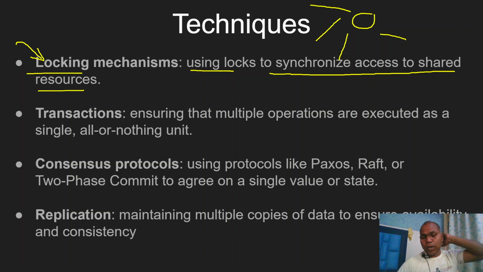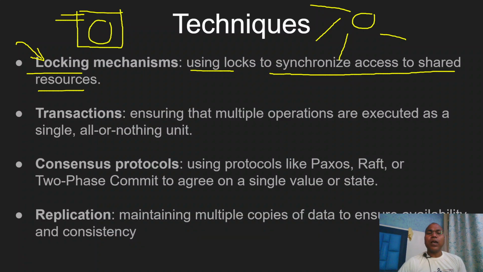If you talk about the database level, transaction level, locking mechanisms can be on different layers. Lock is just like a simple lock on a shared resource. If there is no lock, it can be accessed by any number of users.